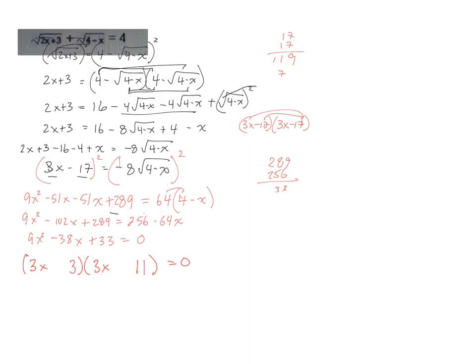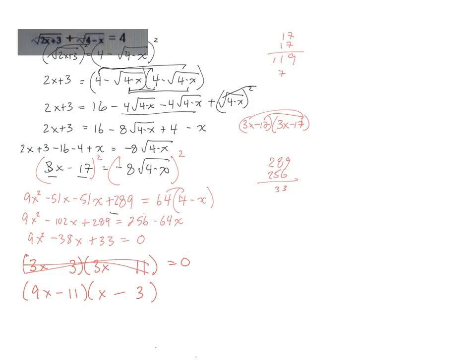What's that going to be? That'll be 9x squared. Be 33 and 9. No, that's not it. How about a 9x and an x and then a 3 and an 11. That's going to be 27. That's it right there. That's fluky.